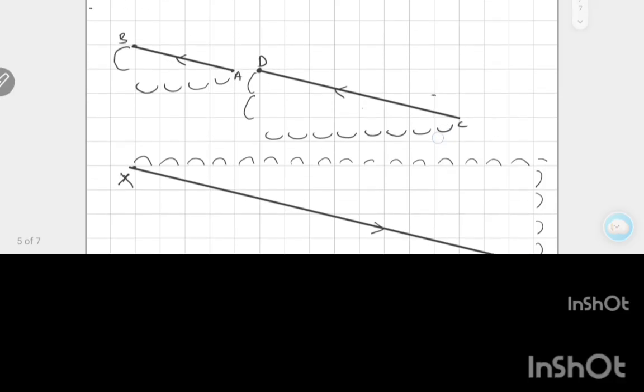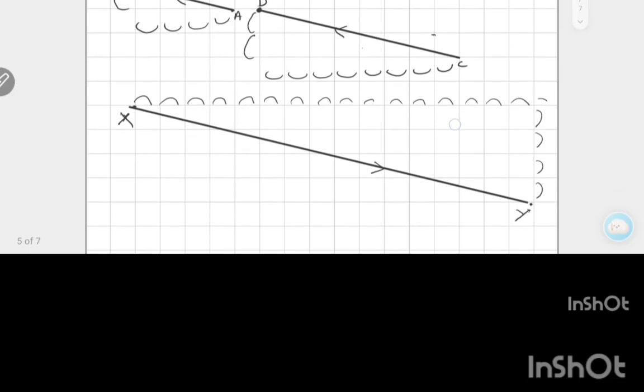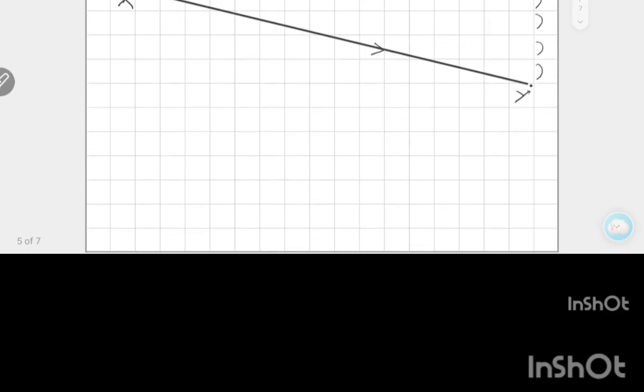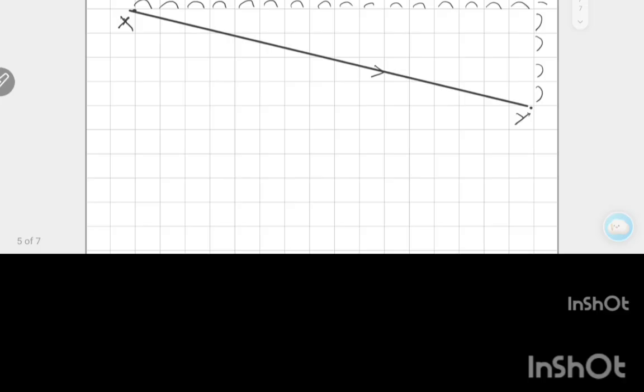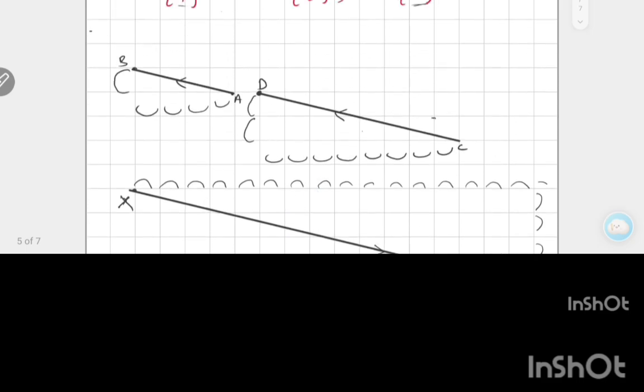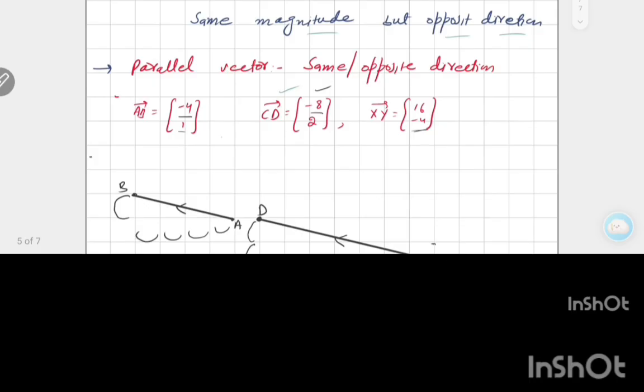Okay, this one you have to understand to sketch the graph. Right now we have to check. We have to check whether these vectors are parallel and in the same direction, or parallel and in the opposite direction. First of all, we looked over the trend in our previous part.